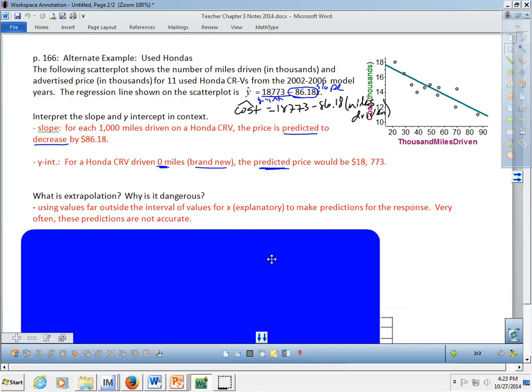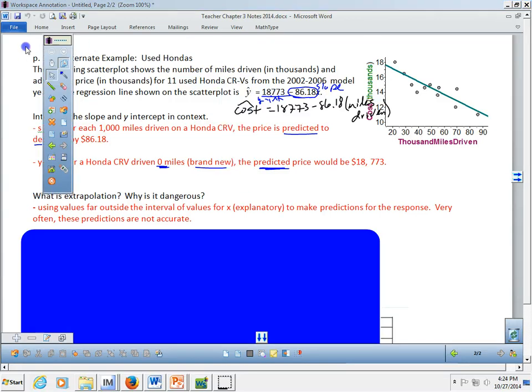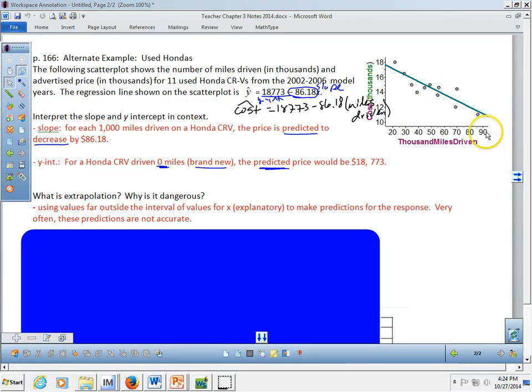Why is it dangerous? Because we're using data outside of the window of our scatter plot to make predictions, and very often it's not very accurate. So in other words, extrapolating would be trying to find the price of a Honda CR-V that's been driven 150,000 miles.